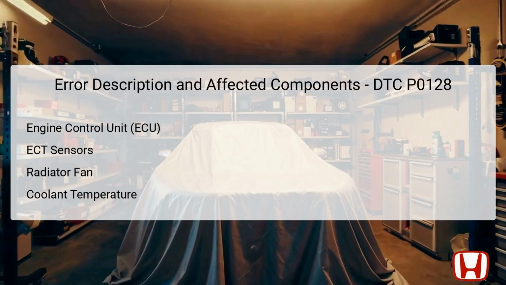The error description for DTC P0128 centers around the cooling system malfunction. Key components affected by this issue include the Engine Control Unit, ECU, engine coolant temperature, ECT, sensors, and the radiator fan.